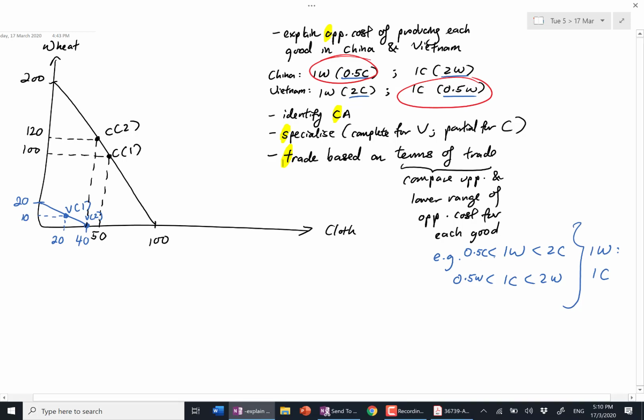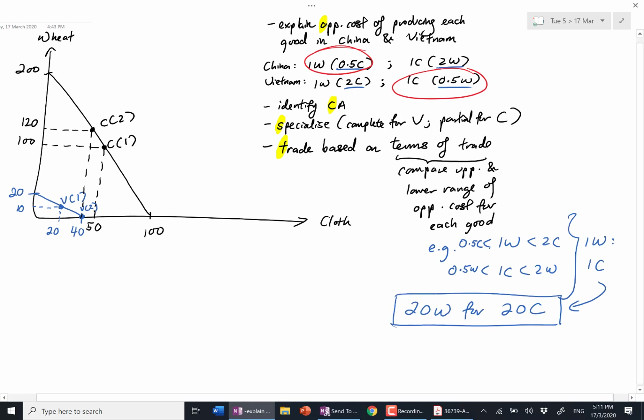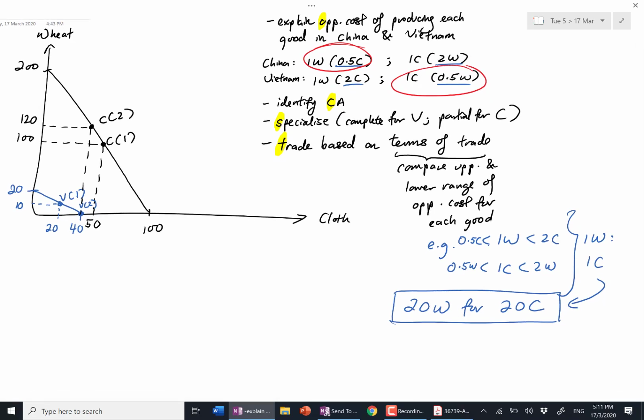So when they trade, we assume they trade 20 wheat for 20 cloth. Alright? Because the terms of trade is 1:1. You just memorize the numbers in your book or in my book. Okay. So when you have 20 and 20, Vietnam will end up here. 20 and 20.